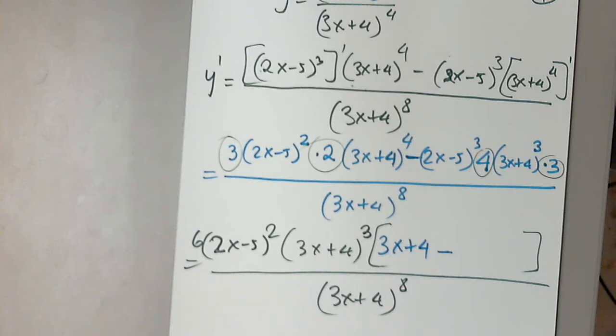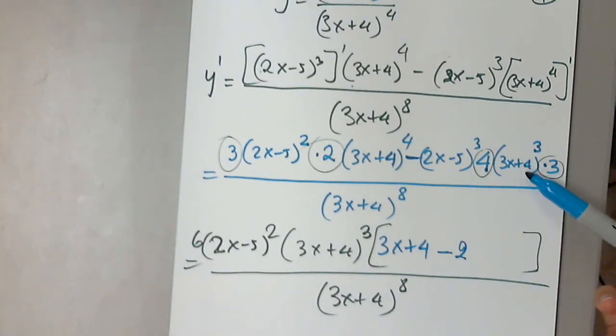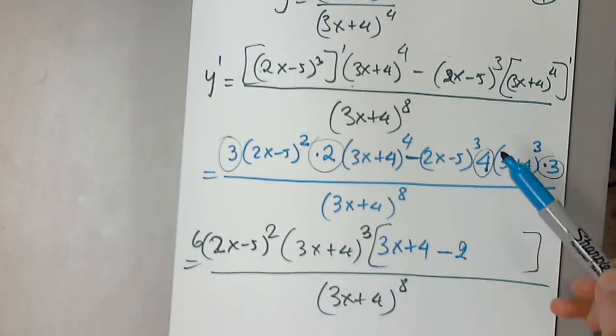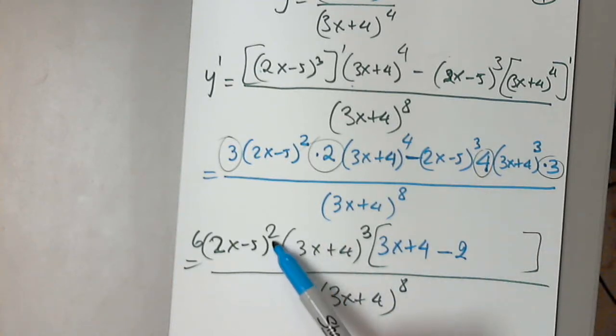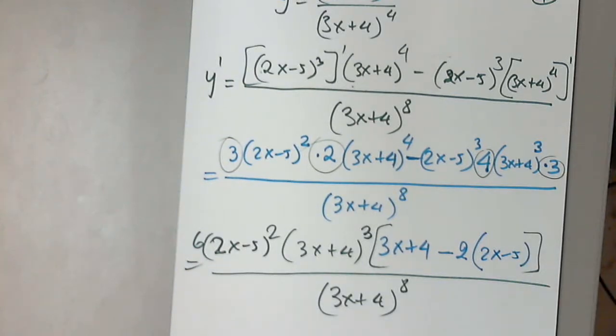Is this okay, everyone? Now I have 12 there, 4 and 3. 12, and I took out a 6. So a 2 is left. 3x plus 4 cubed are all out, but from this power 3, I only took out 2 of those. So there is, in parentheses, a 2x minus 5 left.